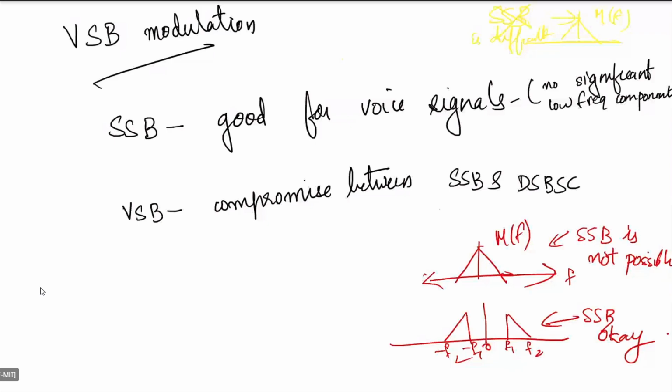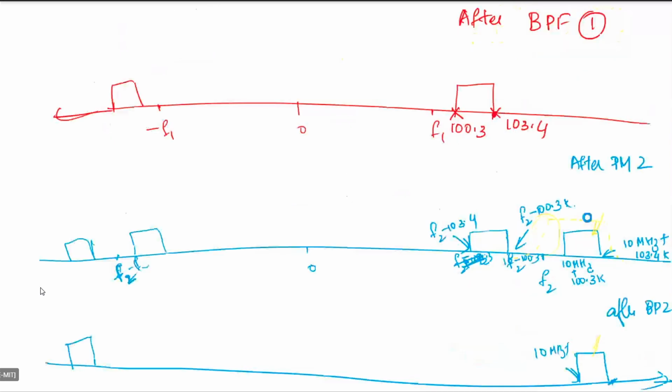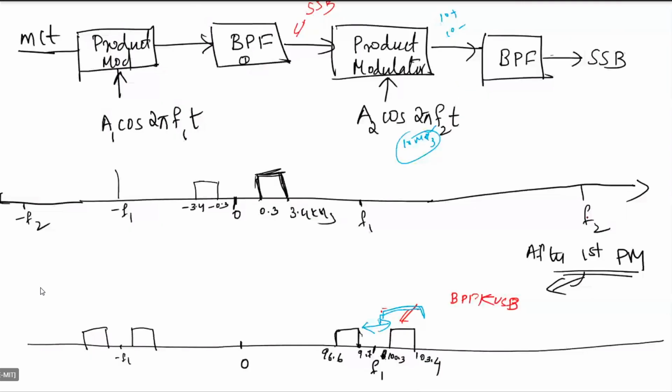A signal which is having significant components near the lower frequency or zero frequency cannot be modulated using single sideband. Why? Because see the voice spectrum: it is not having any component near zero, it is 0.3 to 3.4 kilohertz.